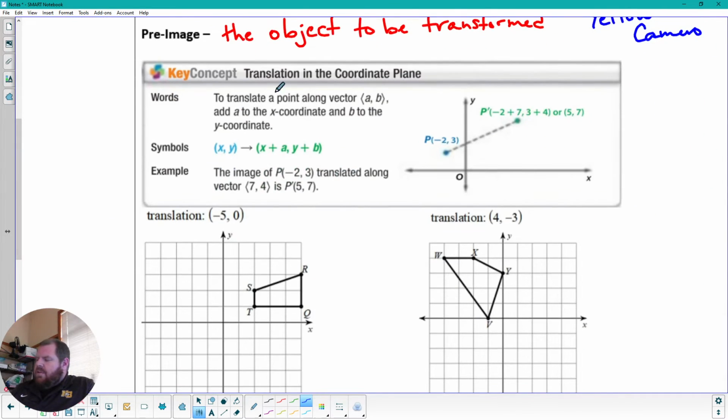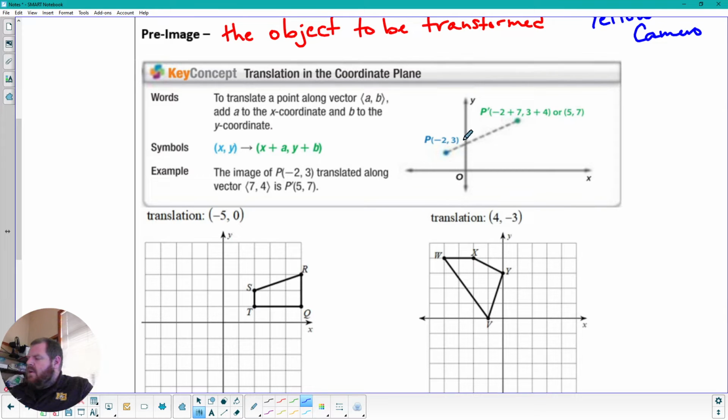Just out of a textbook, this is the way that they show translations. To translate a point along a vector AB, add a to the x and b to the y. We're going to deal with transformations this way, not necessarily in this notation, but very similar to the way they do here.